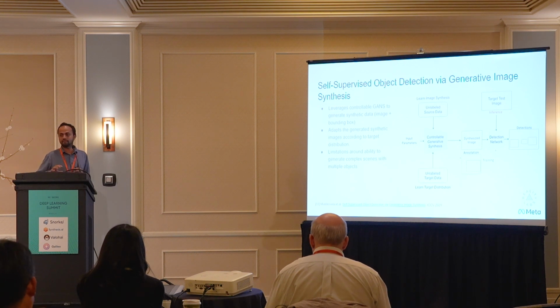Obviously GANs can create a large amount of images, but you can also get labels out of it, and then you can use that to train your downstream task. But the problem with this method is that it does not generate complex scenes, and it is also limited to fewer objects. In this particular case, it did 2 objects.